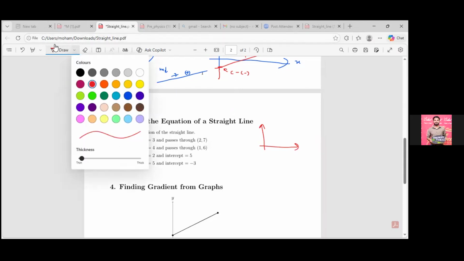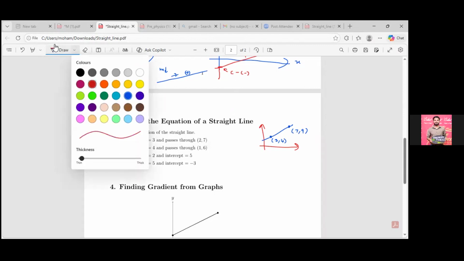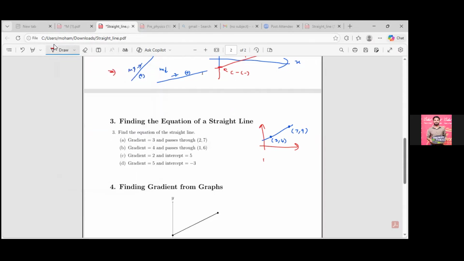Okay. So let's say I have a straight line like this. The coordinate of one point on the straight line is 3 comma 4. The other coordinate is 7 comma 9. To find the gradient of this straight line, the relationship is y2 minus y1 over x2 minus x1.